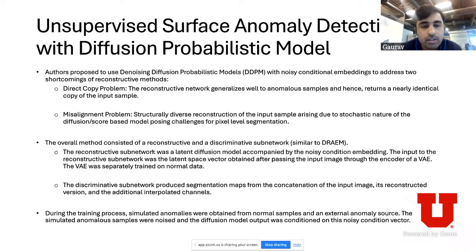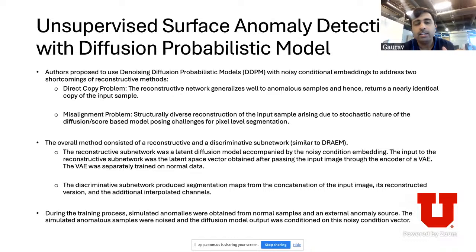The reconstructive subnetwork was a latent diffusion model accompanied by the noisy condition embedding. The input to the reconstructive subnetwork was the latent space vector obtained after passing the input image through the encoder of a variational autoencoder. The variational autoencoder was separately trained on the normal data. So we had a separate VAE, a variational autoencoder, which was trained on the normal data.